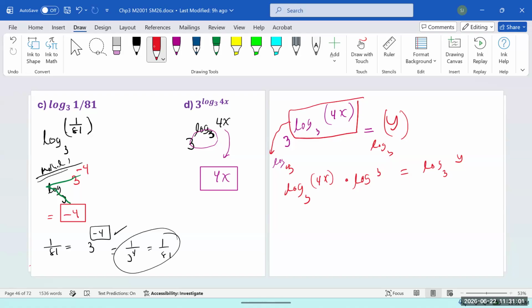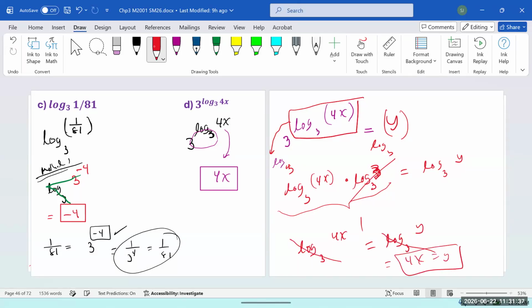Now, log 3 base 3 turns into 1, right? So we have log base 3 of 4x equals log base 3 of y. And then you have a single log on each side, they cancel out. So we have 4x equals y. The answer. Cool.